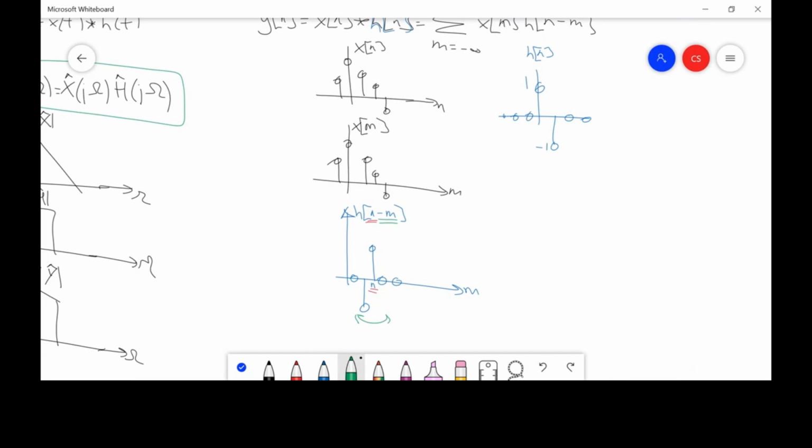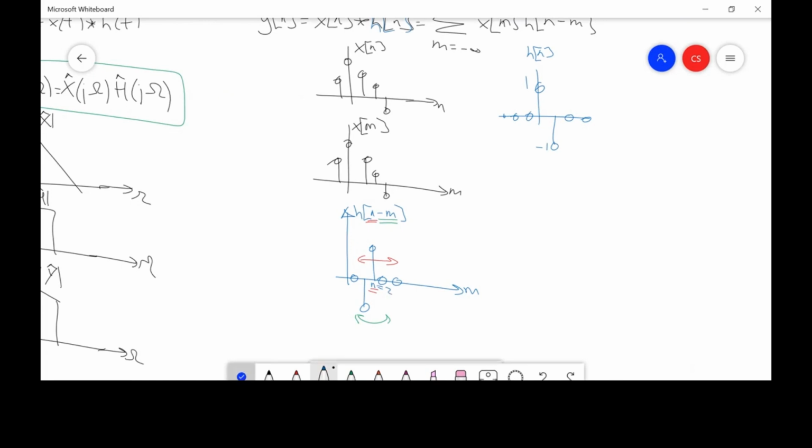Okay. Now, if I move my n, if I give larger or smaller values of n, I will be shifting this signal to the left or to the right. So for every particular n, let's say that this one was n equal 2, I have to multiply these two signals.